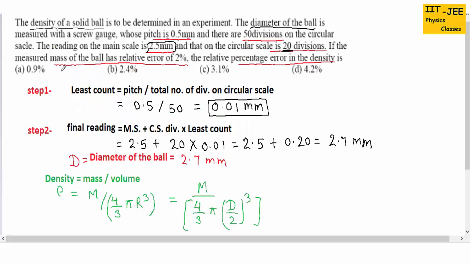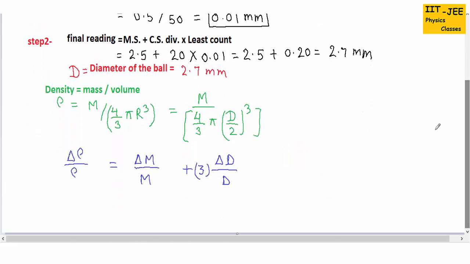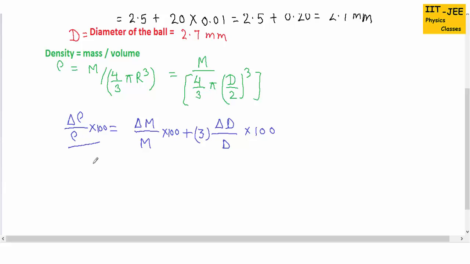Now you can see we have to find the percentage error in the density. That means we have to multiply the whole formula by 100. Each term should be multiplied by 100. Now this whole term will become percentage error in rho, and this whole term will become percentage error in mass. Percentage error in diameter is not given, so I will put this thing as it is.